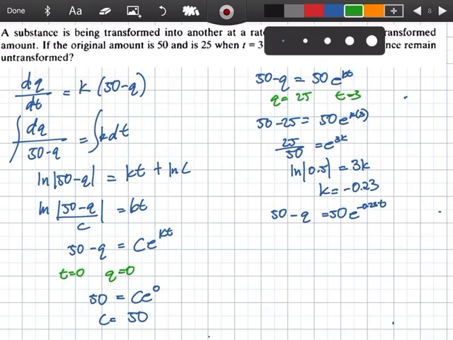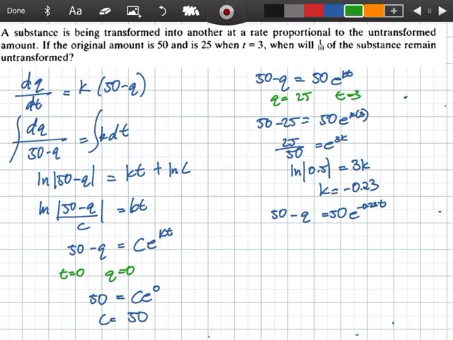Now, the question: what will be the time when one-tenth is left? What is left is 50 minus Q. One-tenth of 50 is 5.